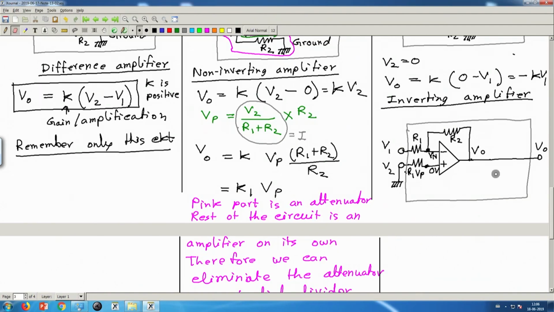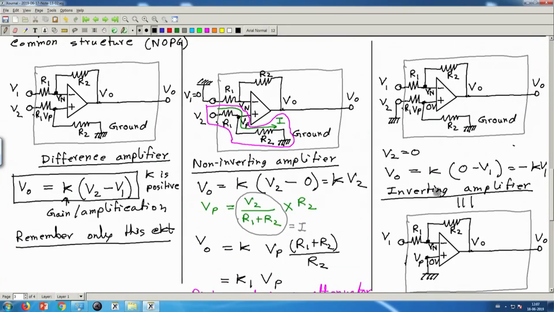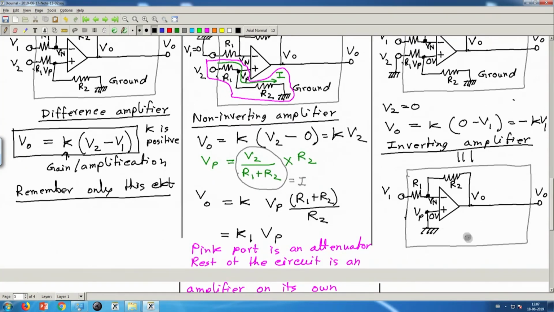I can directly replace this with ground. Similarly, I do not also need this. So it's gone. This is Vp. So this is equivalent to the previous circuit. These two circuits are equivalent. And this is the circuit that you have possibly seen in books or elsewhere.